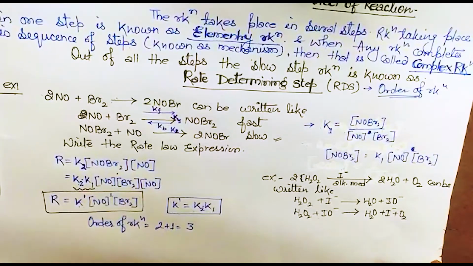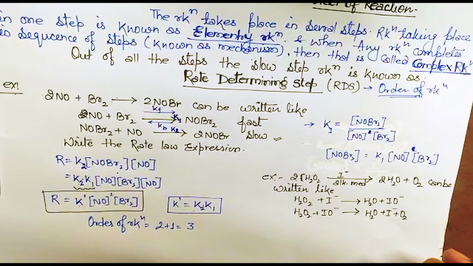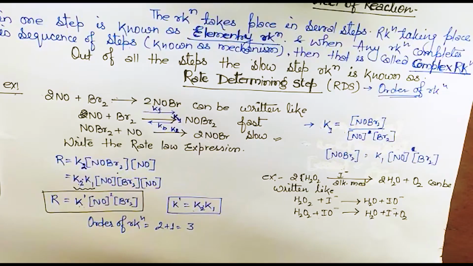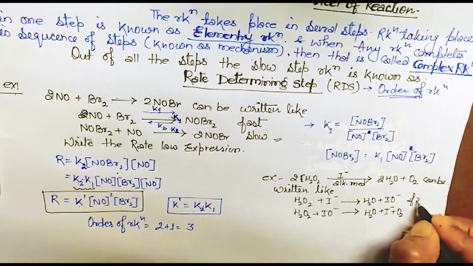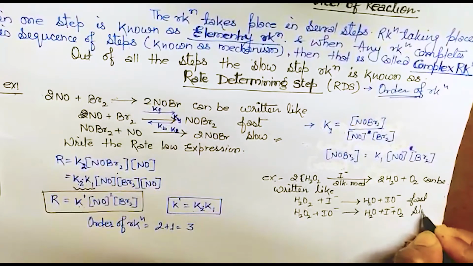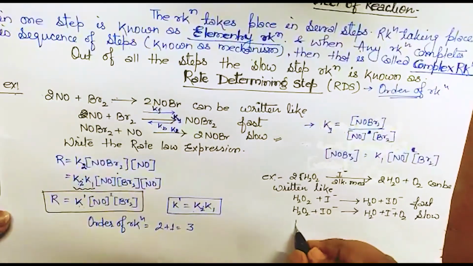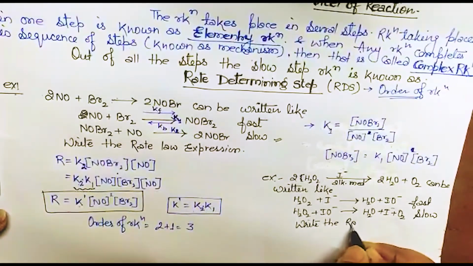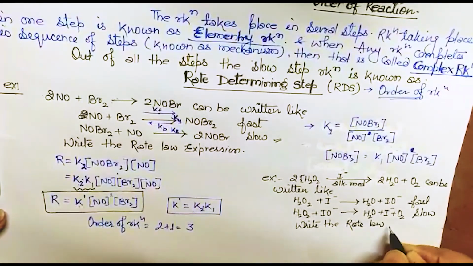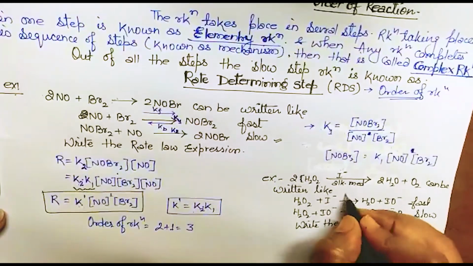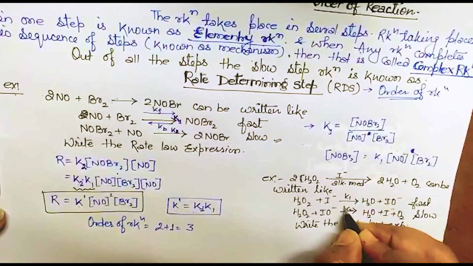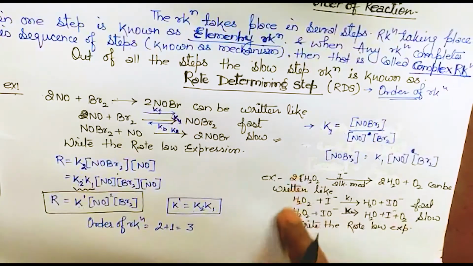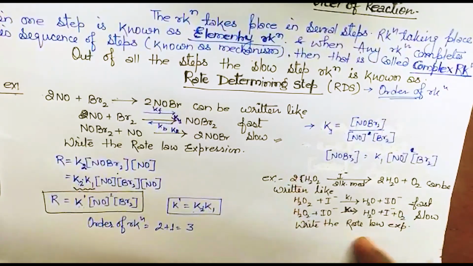Okay, so in this case, according to these equations, you have to write the rate law expression, and this one is fast and this one is slow. Suppose this is K1 and this is K2. So you have to find the rate law expression for this equation as we have done. This is the homework for you.